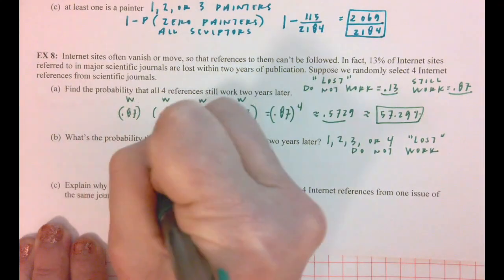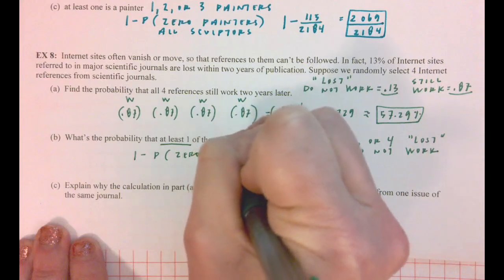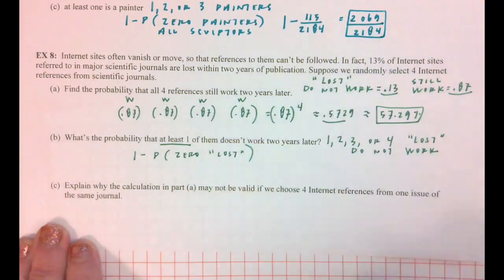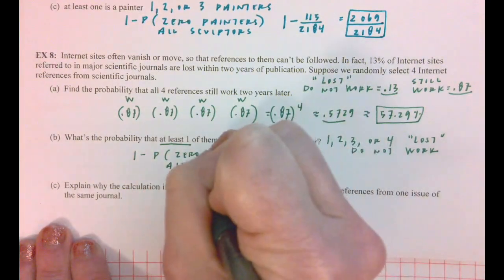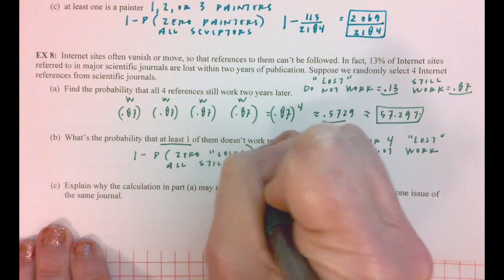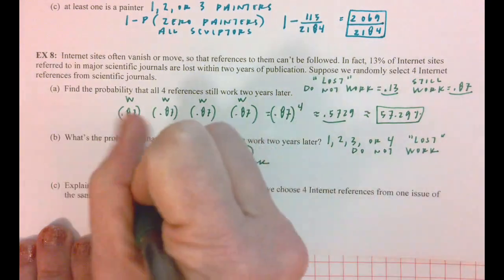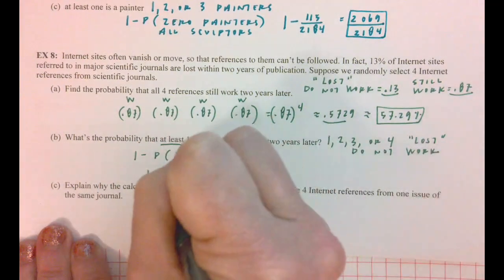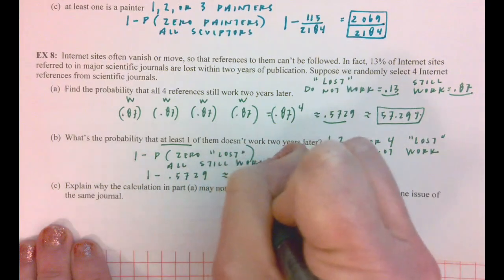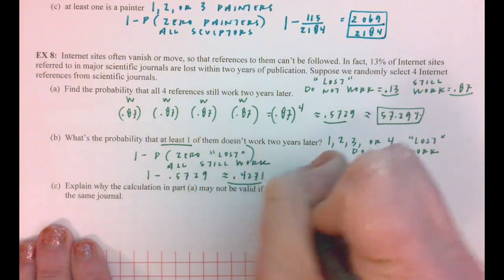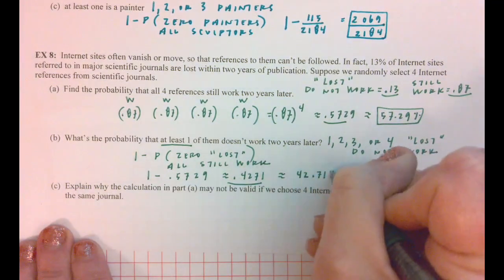So I'd rather do 1 minus the probability that 0 of them are lost, which is the same thing as saying that all of them still work. And I already solved for that, right? That's what I solved for up here. So I can do 1 minus 0.5729, which is about 0.4271, or 42.71%.